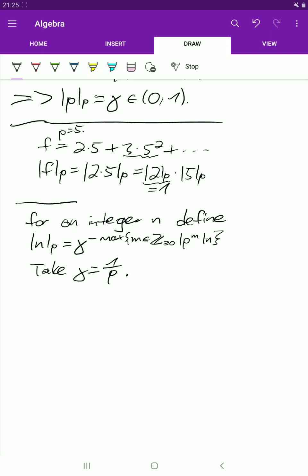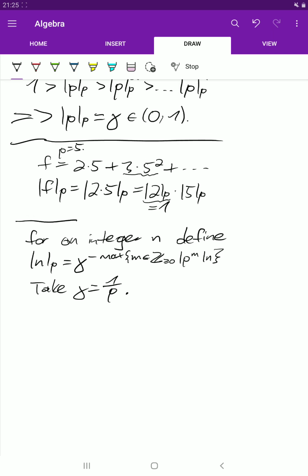So that's the p norm, an example I've basically made above. Let's make the above example more explicit.